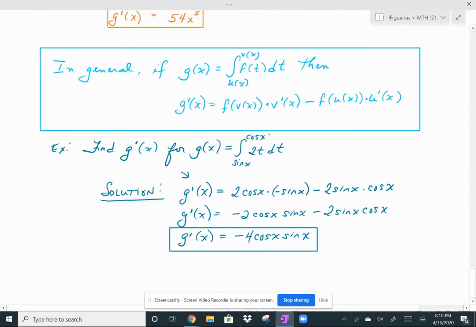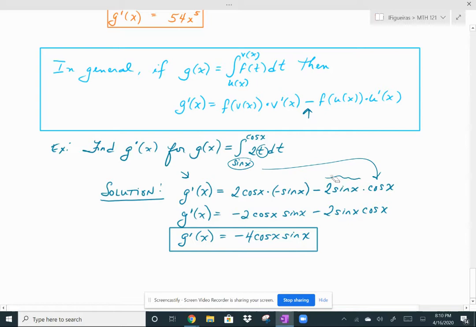The cosine replaces the t, so that's where this comes from, times the derivative of cosine, which is negative sine, minus, because again we are subtracting, 2 sine of x, where we plug in the lower limit, times the derivative of sine, which is cosine. That's what you see here.